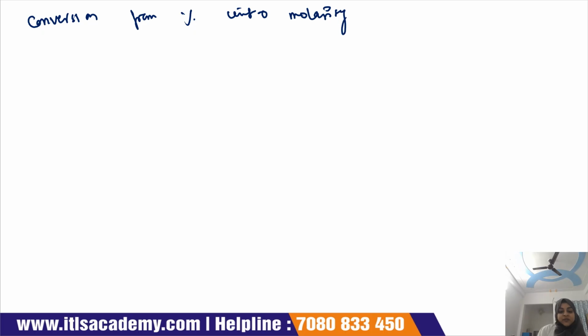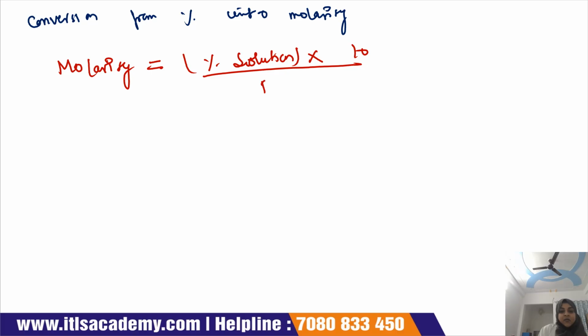So simply we use a formula: molarity is equal to percentage solution multiplied by 10 divided by formula weight or molecular weight. FW is what? FW is your formula weight. It is also called molecular weight.